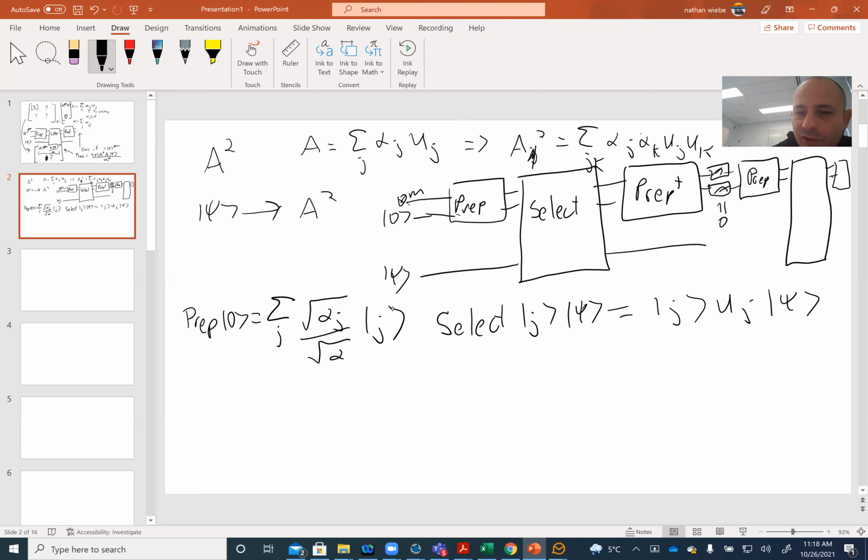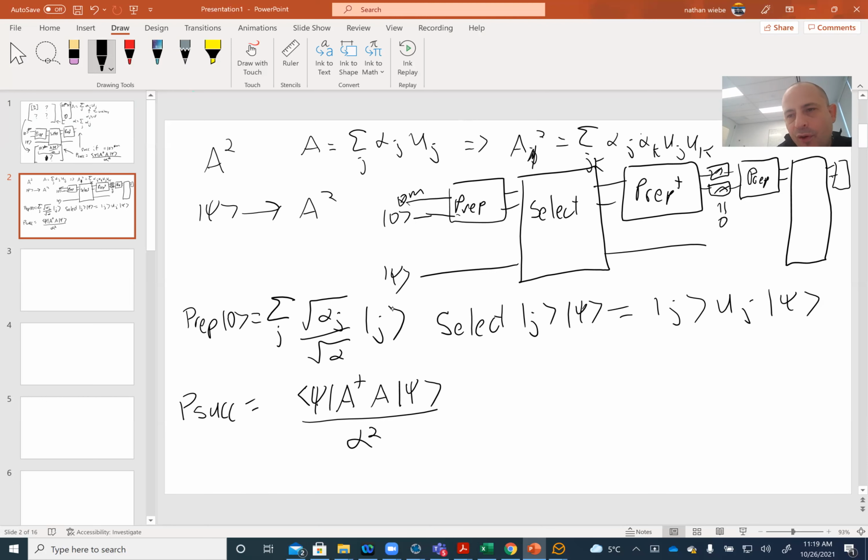Now, we discussed that the probability of success for doing this once is equal to psi A dagger A psi divided by alpha squared, okay?